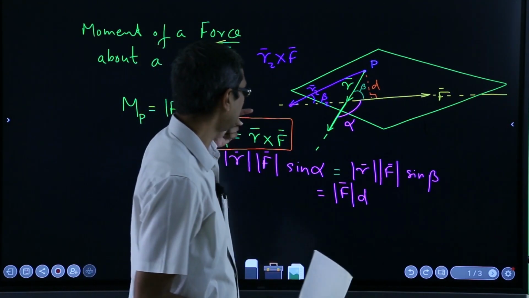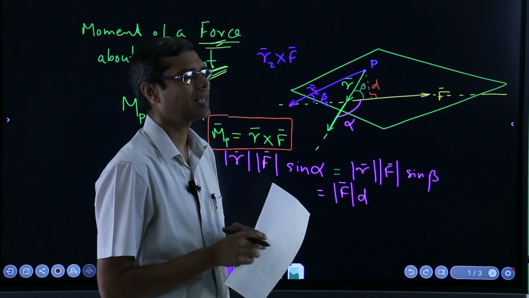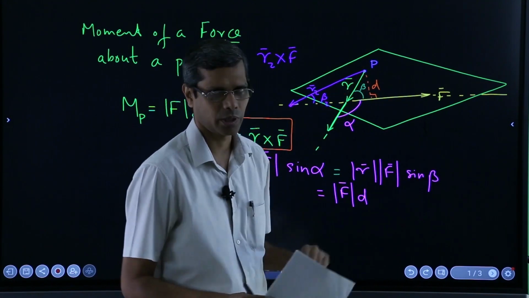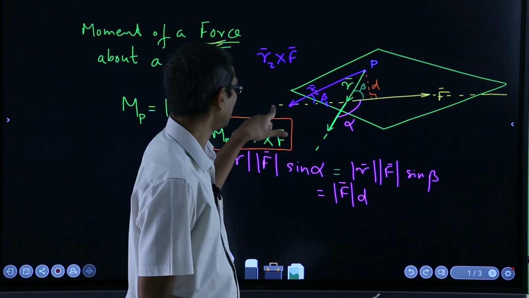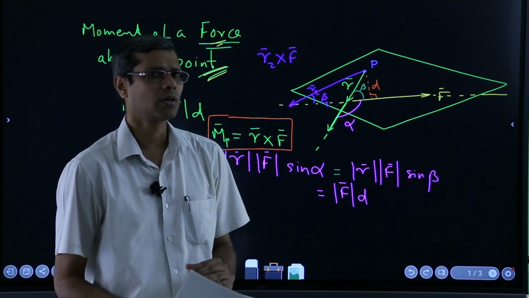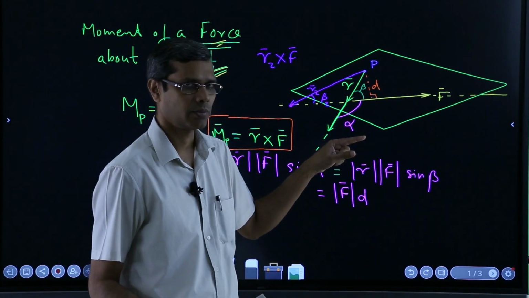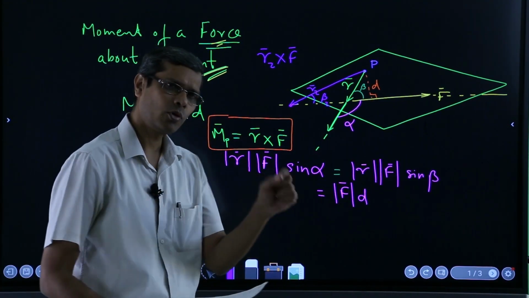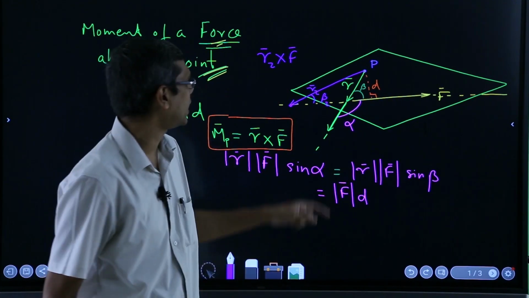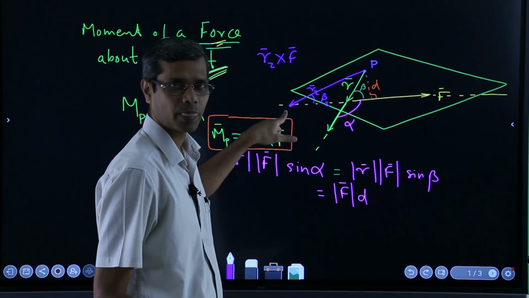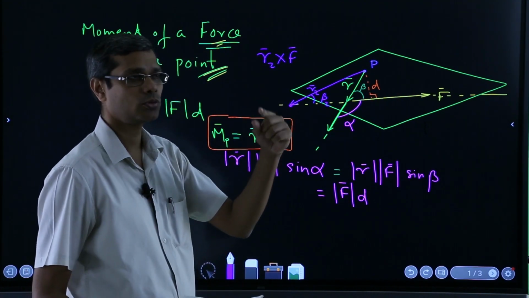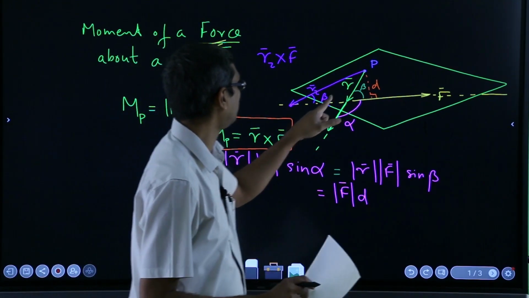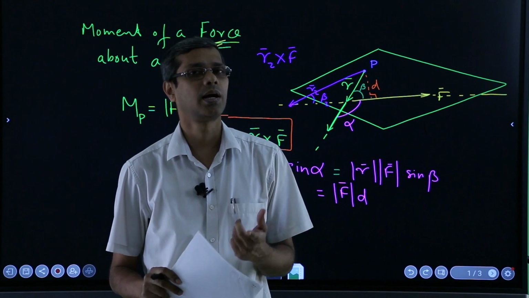Because it is not always the same level of ease with which you can calculate the position vector of any point with respect to P, or the displacement vector from P to any point on the line of action of F. It is not the same at every point, and once you see problems, you will notice that at some locations it's very obvious to find this displacement vector. But at some other point, maybe the force is actually being applied there, but the calculation of the position vector to that point will be really hard.